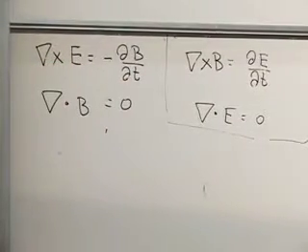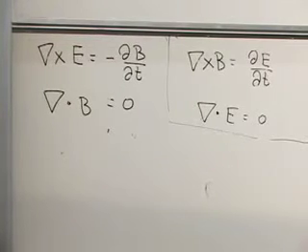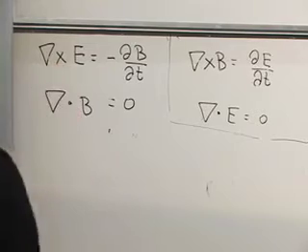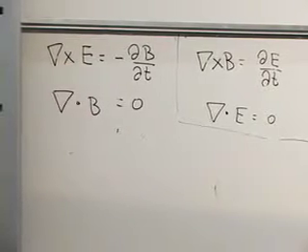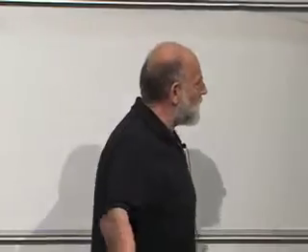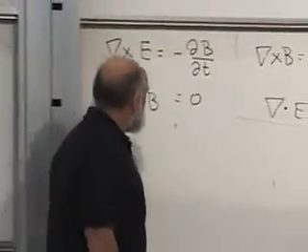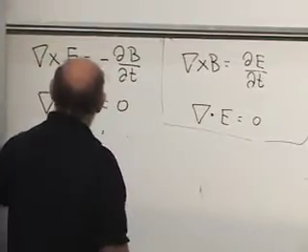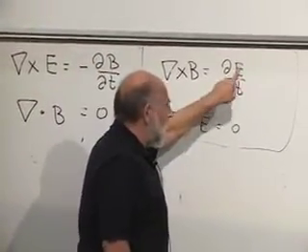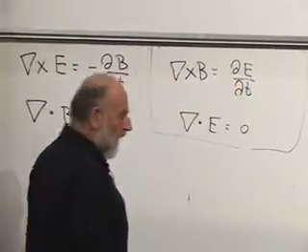This is easy to do, so we'll need a clear blackboard over here, and we'll need to manipulate this a little bit. I have E and B all mixed up, but I want to write an equation just for the electric field. I want to try to isolate just the electric field and see how it behaves. So here's what I do. Take this equation over here, and let's differentiate it with respect to time.